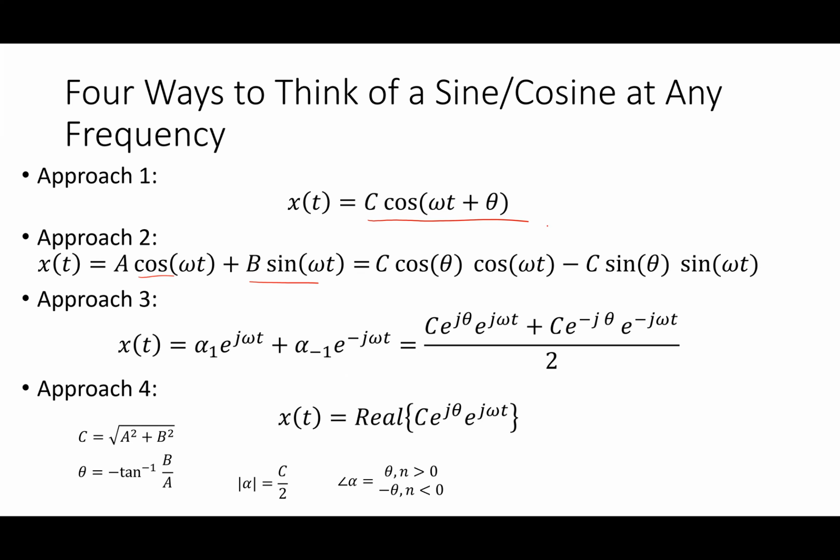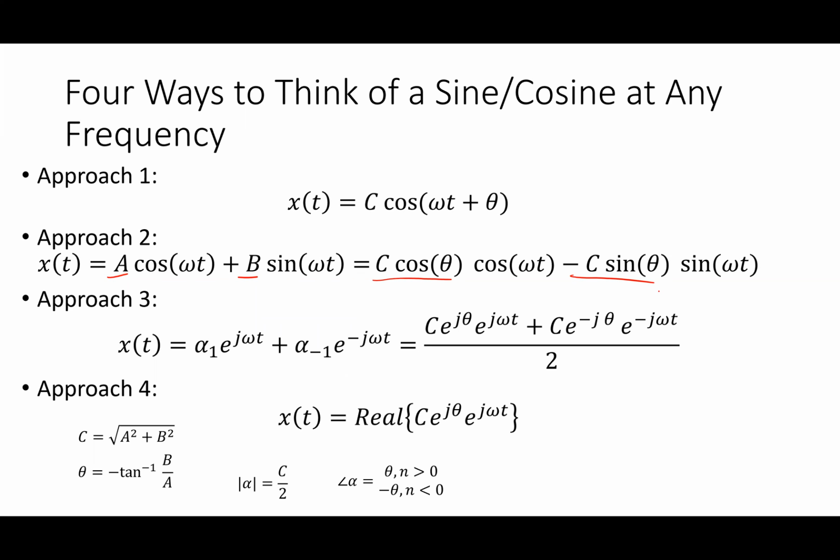In other words, there's a little bit of phase shift in there. I basically proved last time that for these things to all be equal to each other, this coefficient A is C times cosine of theta, and this coefficient B is minus C times sine of theta.